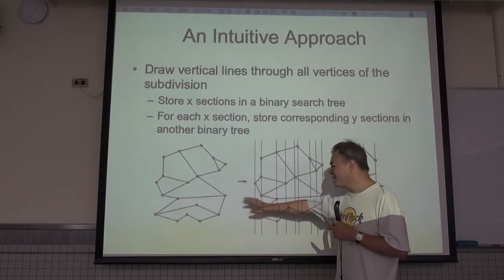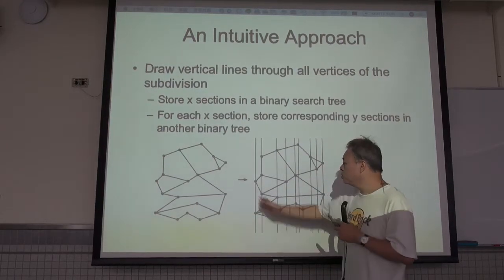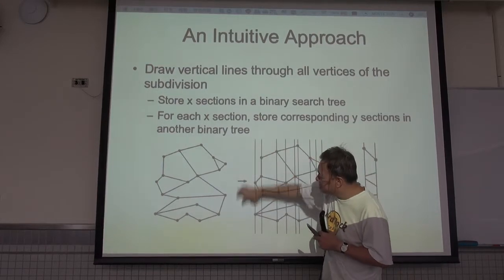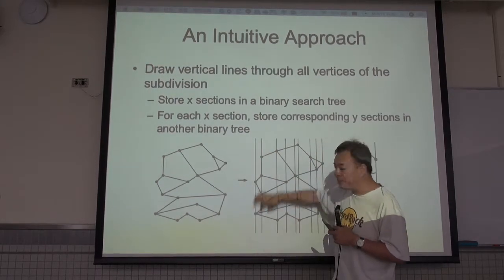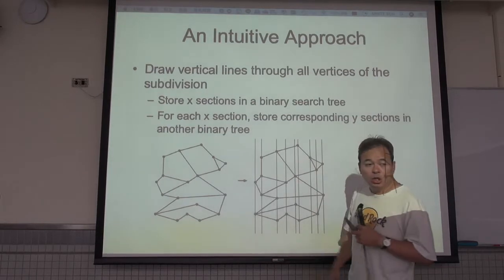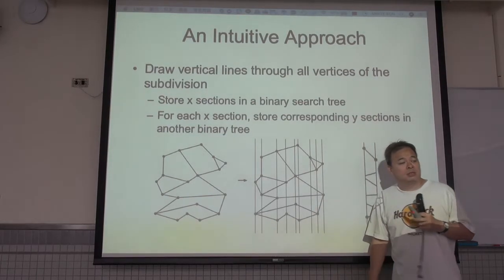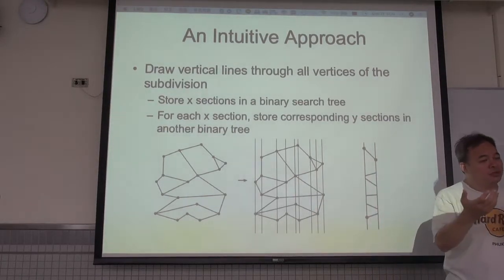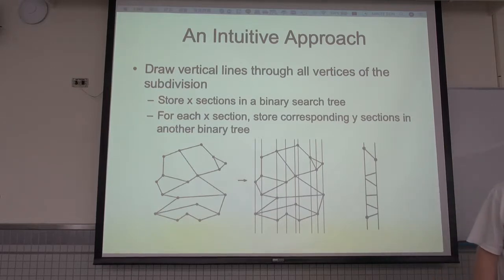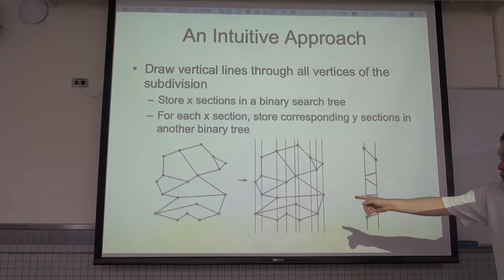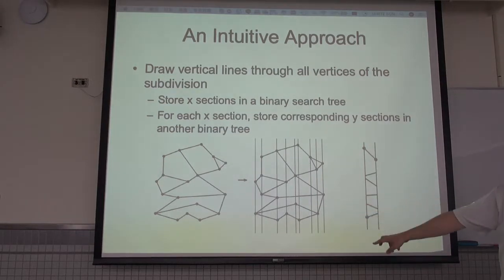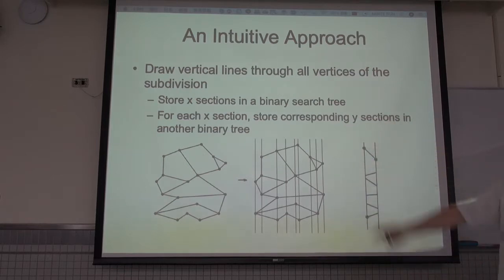Once we divide the space into a number of these vertical subspaces, if you know the x-coordinate of the point, you can quickly find out which long subspace contains that point.